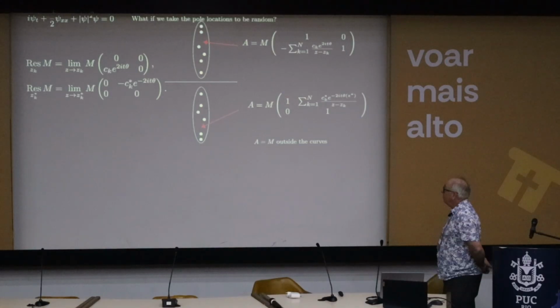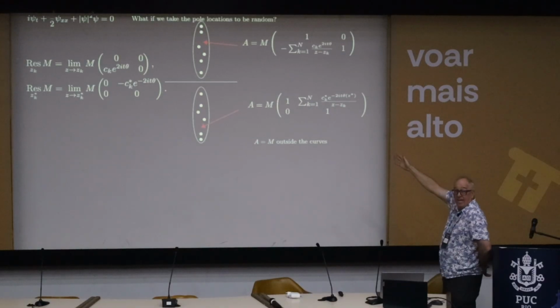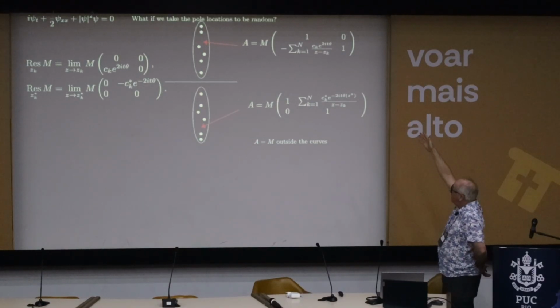The first canonical move that one does in studying Riemann-Hilbert problems with poles, meromorphic Riemann-Hilbert problems, is to remove the poles. I'm not going to describe this to you, but this transformation from M, which is the original unknown, to A, is intended to remove the poles.